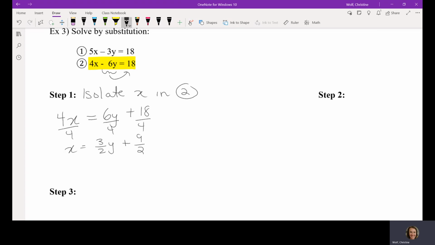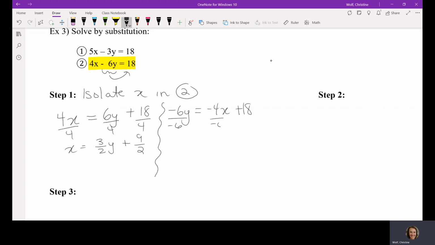Okay? And again, you could isolate y here. I'm going to show you both options and you can decide which one you want to do. If we isolated y instead, we would send the 4x over. So I'd have a -6y on the left, and a -4x on the right and a positive 18.